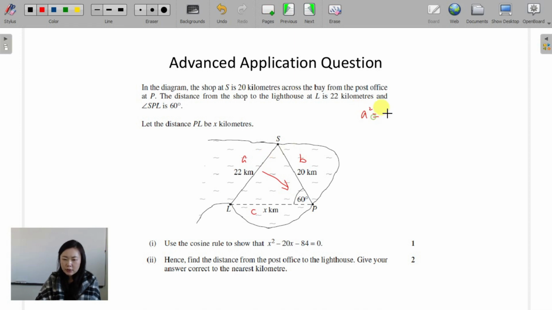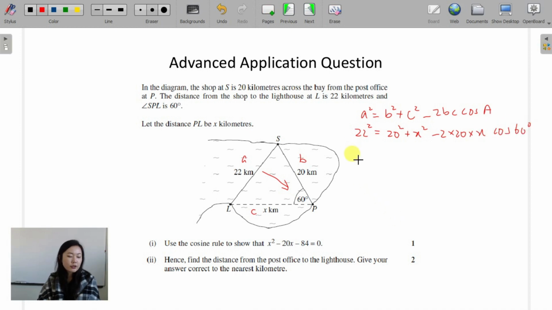So let's rewrite the formula out here. a is 22, b is 20, c is x, cos 60.